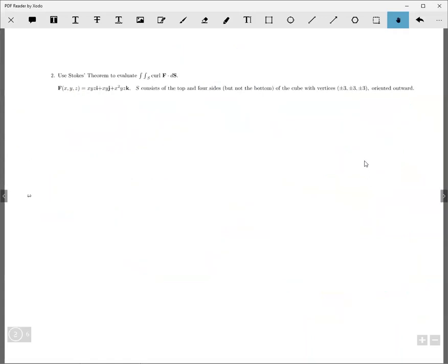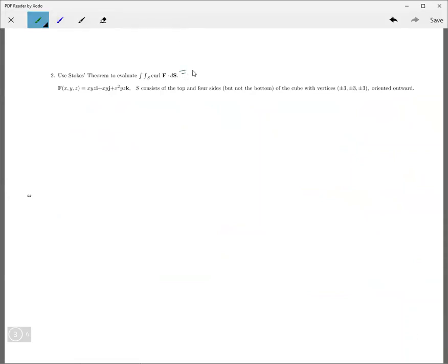Let's do another example. So number 2. Again, we're going to apply Stokes theorem, which is this, the integral of F dot dr, equal to the integral of curl across the surface.